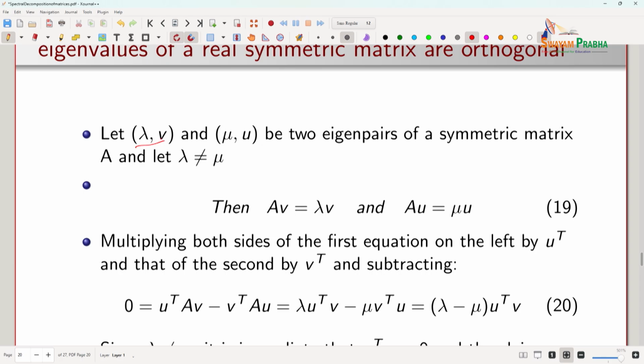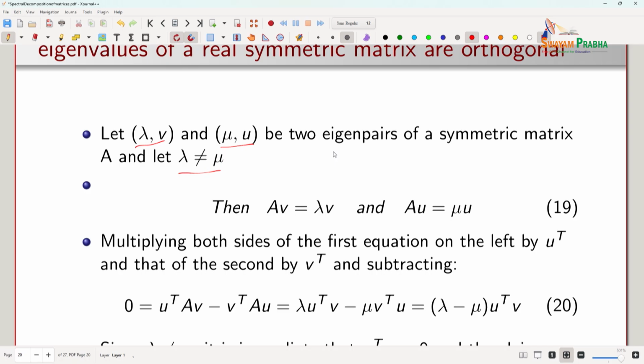Let lambda, v and mu, u be the eigenpairs of a real symmetric matrix, where lambda and mu are two distinct eigenvalues. Please understand, any real symmetric matrix A must have at least one root. We have already shown they must be real.